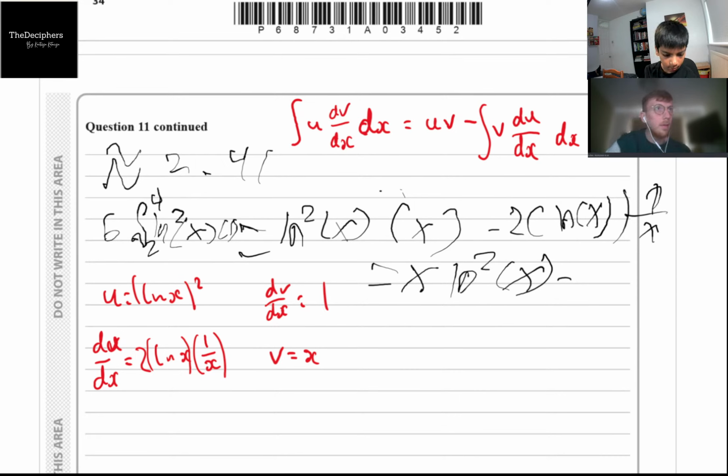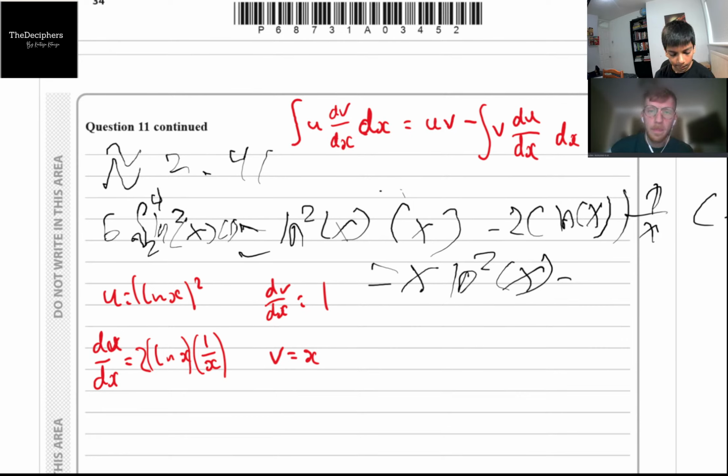You'd already worked that out for the previous bit as well, hadn't you? Yeah. The uv bit. Yeah, and the integral of v is x squared over 2 times x squared over 2. Well, where does x squared over 2 come from? The integral of v part.